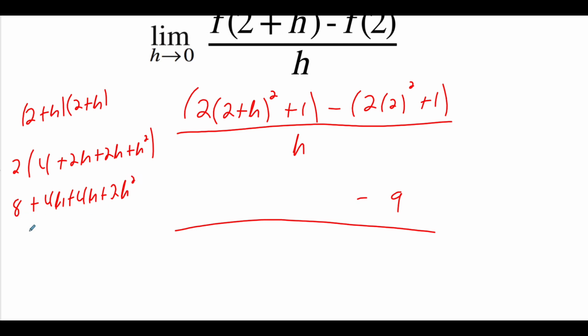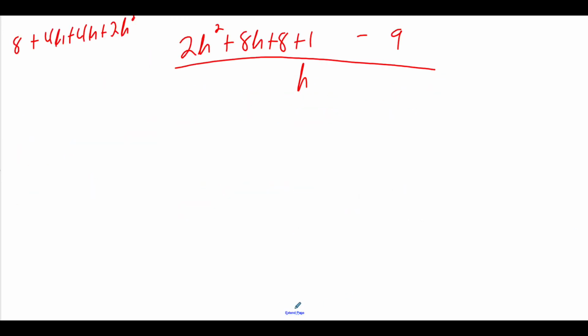I'm going to combine some like terms right away. So I'm going to have 2h squared plus 8h plus 8. But then I still have this other plus 1 that I haven't used yet, and this is all still being divided by h. I want to go through and combine some more things, because in the middle I see this plus 8 and this plus 1, which gives me 9, which is going to cancel out with that minus 9 on the back end.